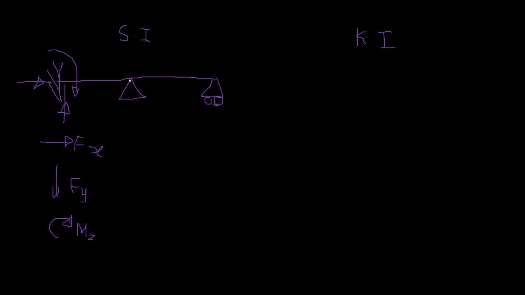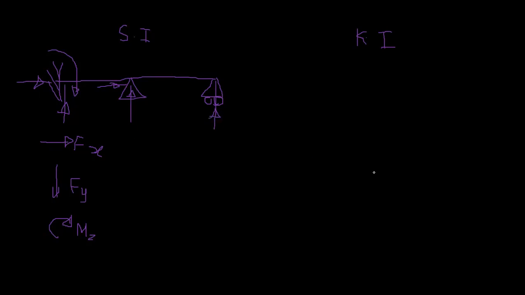If it is a pin support, it does not restrain moments, but it will restrain these forces. Here it's a roller. A roller does not restrict the x translation or any moment, so it will only restrain the movement in the y direction and will have a reaction like this.